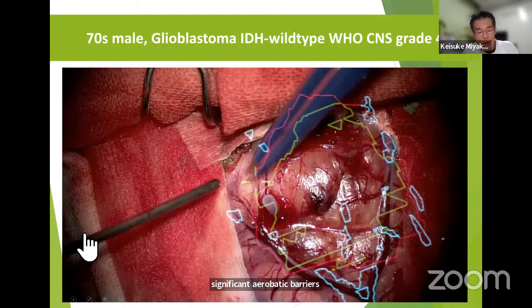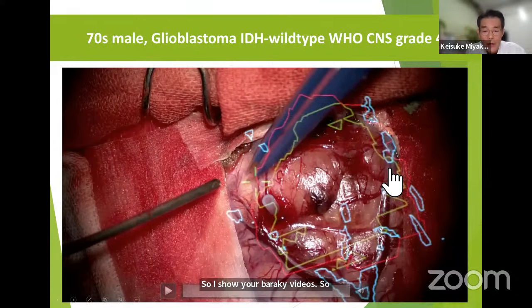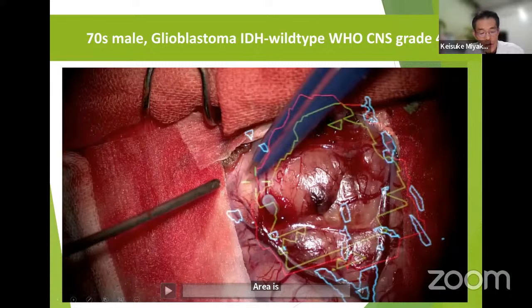So I show operative videos. The green line indicates enhanced MRI. The red line represents the area with methionine uptake, and the blue line is a vein.